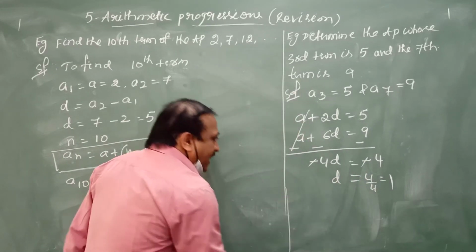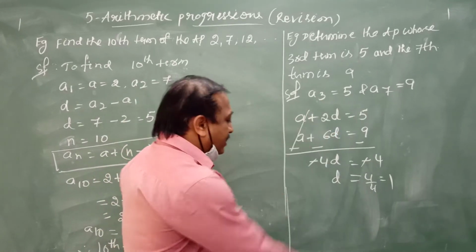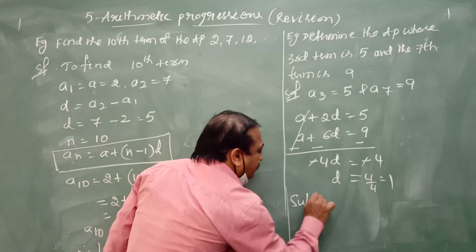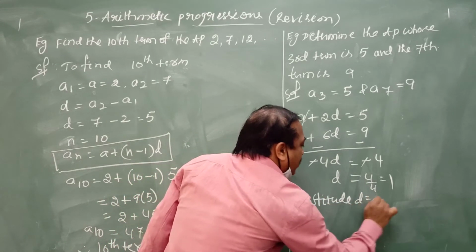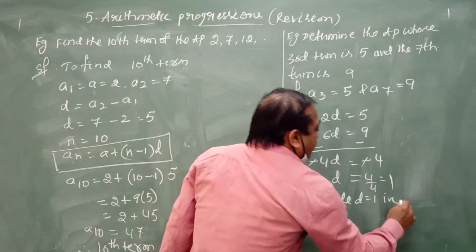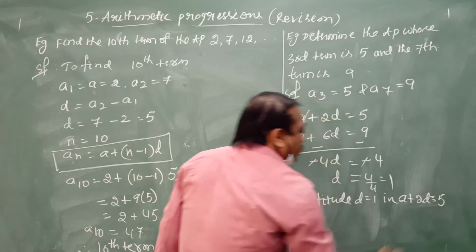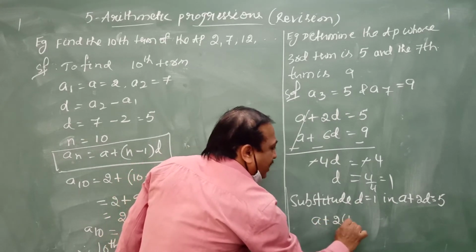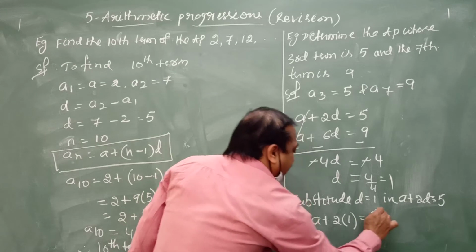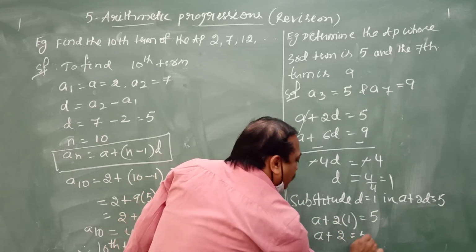So d we got as 1. Now we can find out the value of a. Substitute d is equals to 1 in a plus 2d is equals to 5. So a plus 2 into d value 1 is equals to 5. Then a plus 2 into 1, 2 is equals to 5.